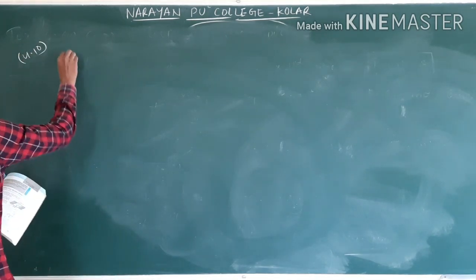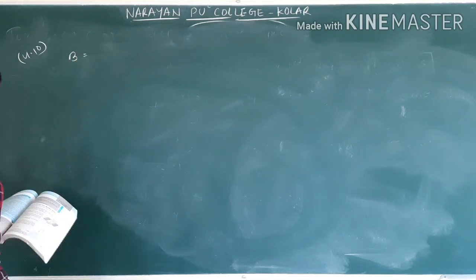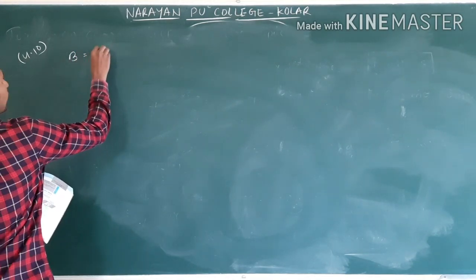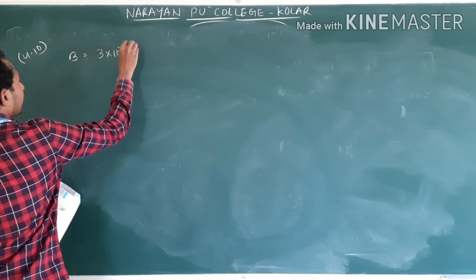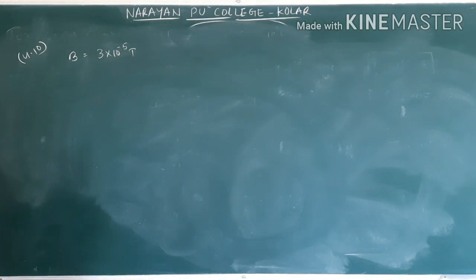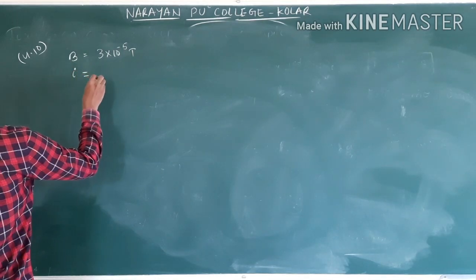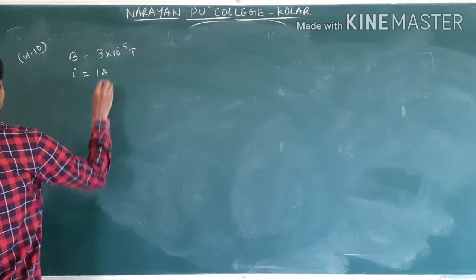The magnetic field is given. Earth's magnetic field B is equal to 3 into 10 power minus 5 Tesla. The direction of the field is from geographic south to geographic north. A very long straight conductor carries a current I, I is equal to 1 ampere.